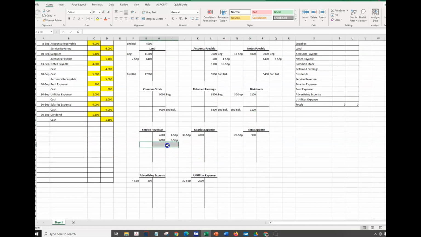Service revenue. There's only amounts on the credit side, which makes sense. You always credit revenues, so the ending balance is a credit balance. Salaries expense. All expenses are always debited, so the balance is always on the debit side. And I'll just do these last couple of expenses.